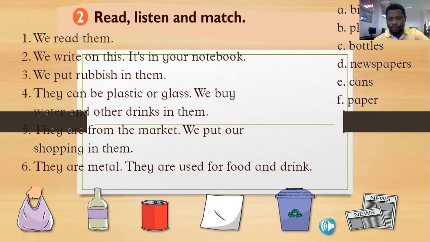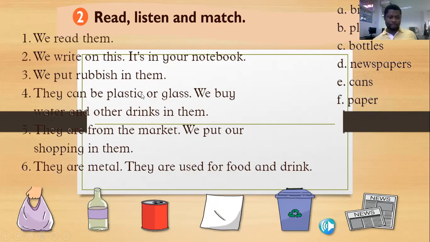Students' Book, Unit 5, Lesson 1. Exercise 2. Read, listen, and match. 1. We read them. 2. We write on this. It's in your notebook. 3. We put rubbish in them. 4.